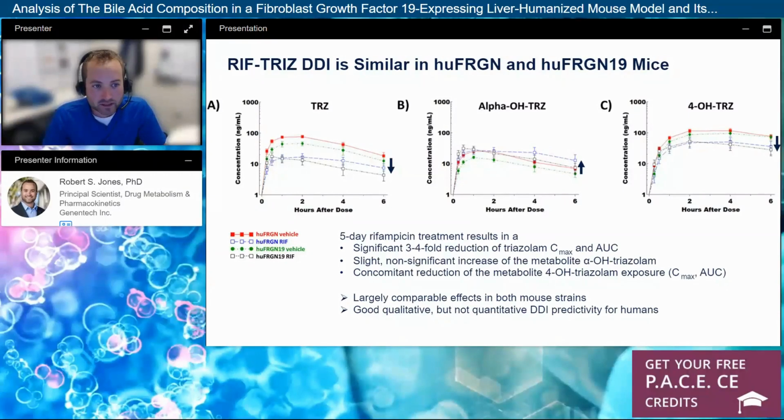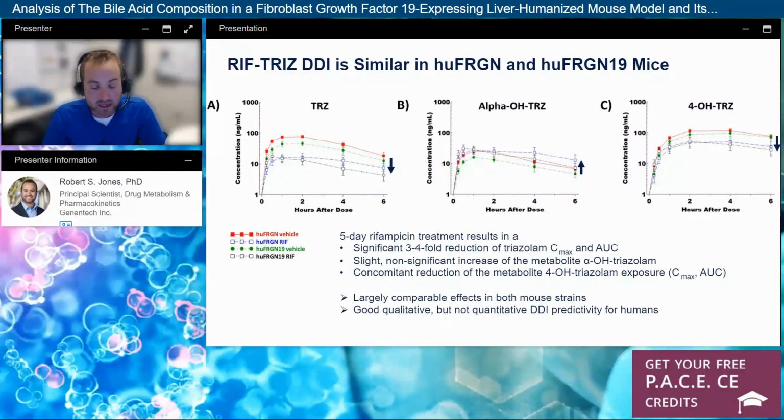And so what we would expect is increased metabolism of triazolam. In red, this is our previous mouse model, human FRGN. In blue, we have our rifampicin treated corresponding mice. In green, we have our FRGN19 vehicle treated mice. And in black, we have our human FRGN rifampicin treated mice.